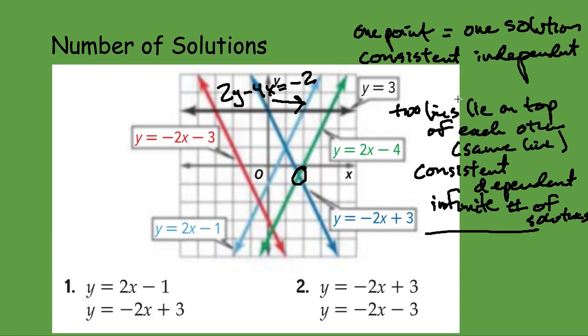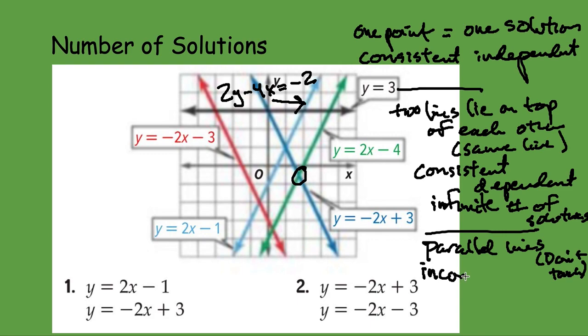Okay, so that's the first 2, and then the third one is when you have parallel lines. When you have parallel lines, that means they don't touch, and if they can't meet each other, then there's no solution. So we call that inconsistent.